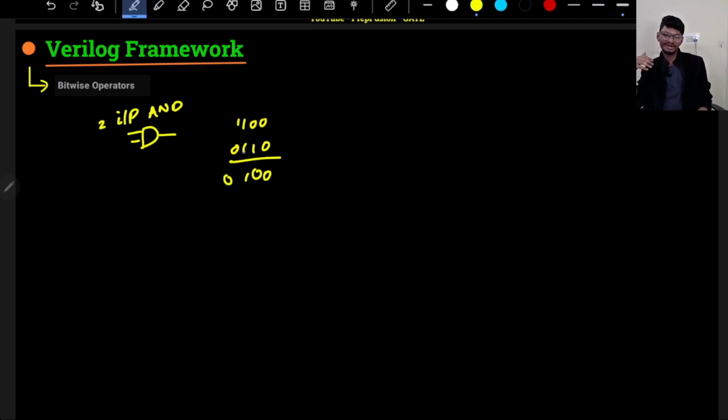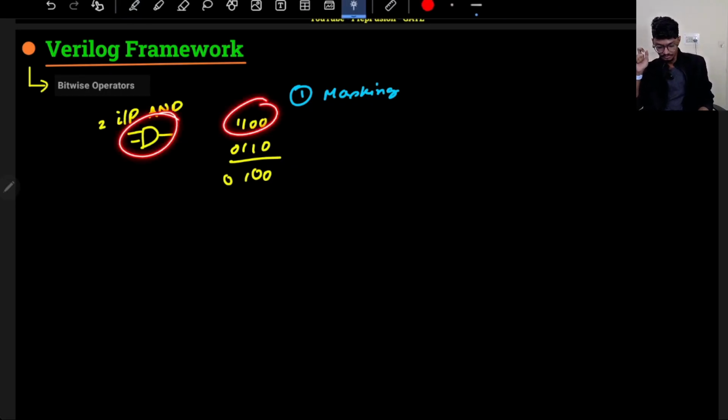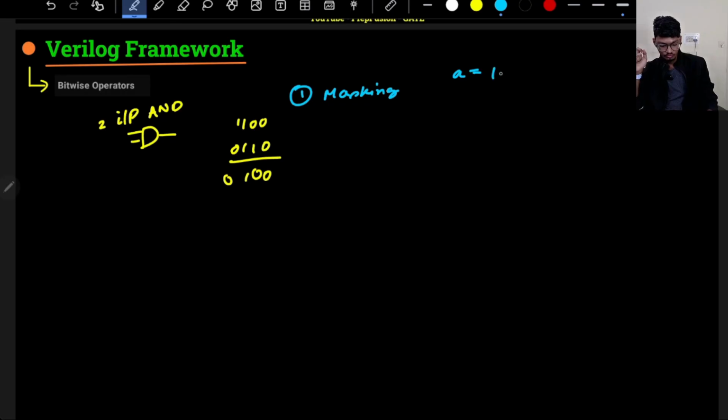So what is the use case of this bitwise AND? First use case is masking. What do I mean by masking? Let's say I want particular bits from a number. Let's say my A is equal to 1100 and I want these two bits. If I do AND with a mask, what will be my mask? As I want these two bits, I will make these bits in my mask variable 1, other bits I will make 0.